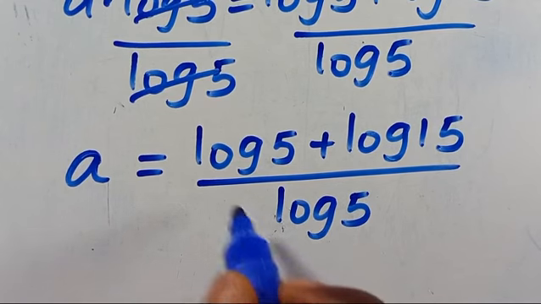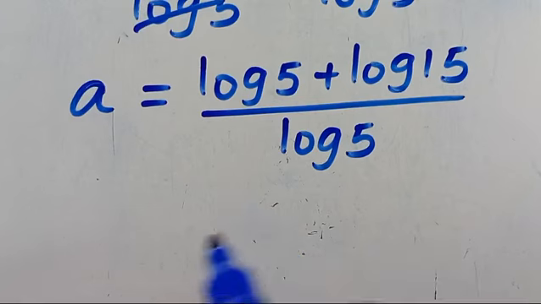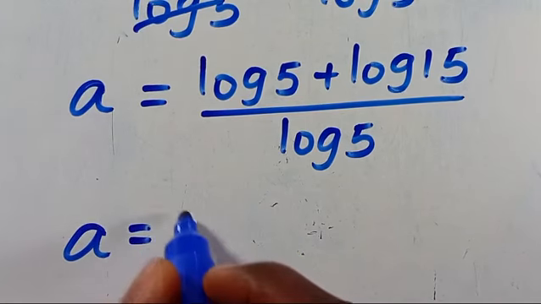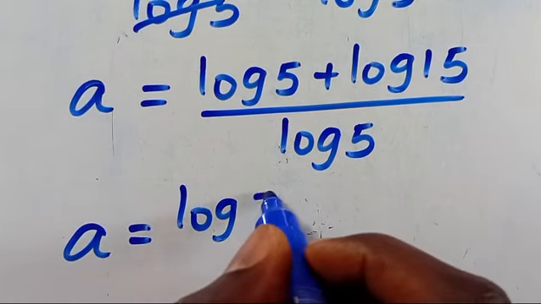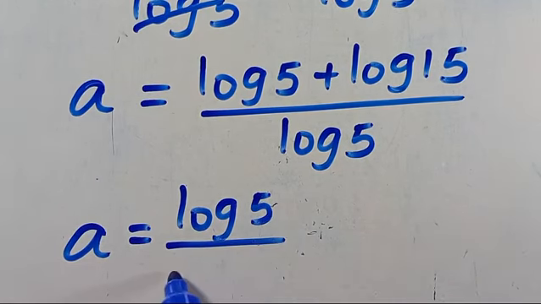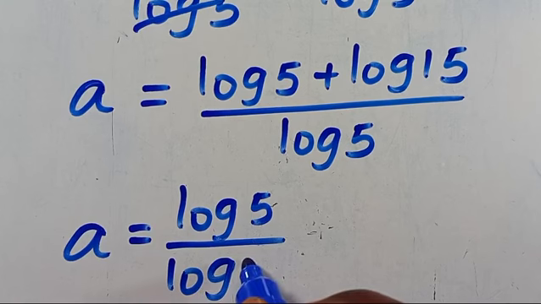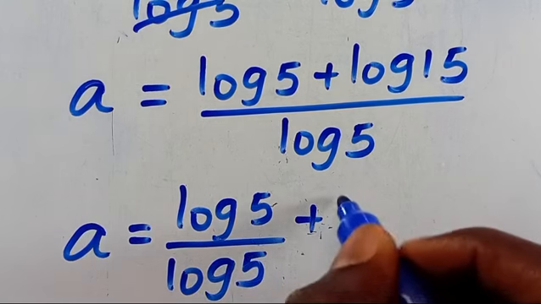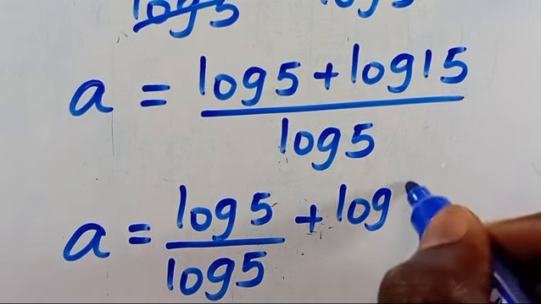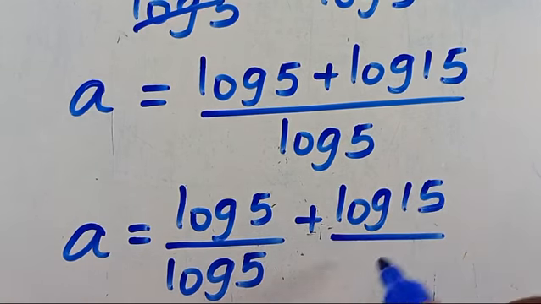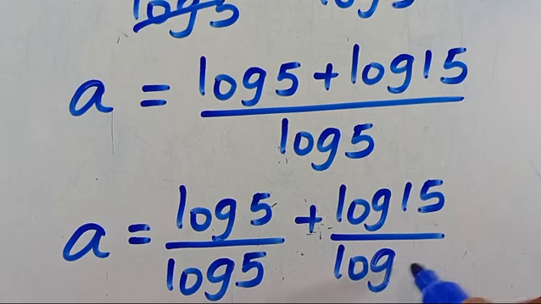Then let's divide this log 5 by this and this. So we are going to have a equals log 5 divided by log 5 plus log 15 divided by log 5.